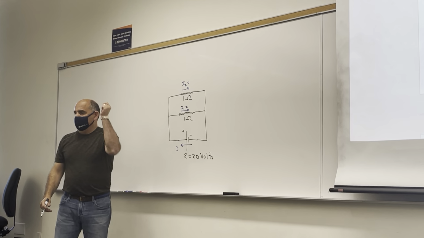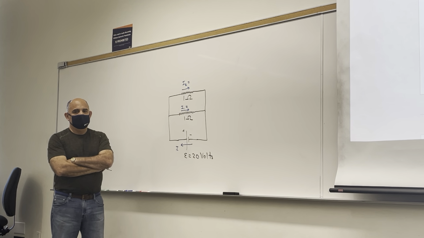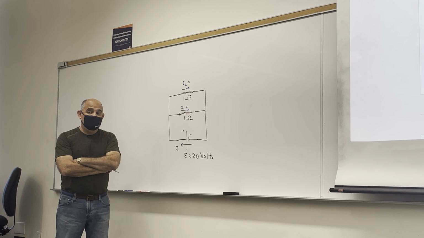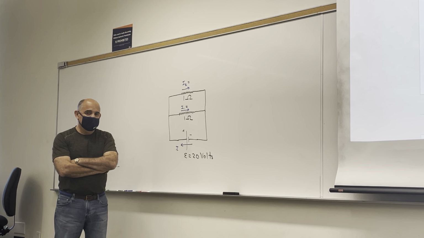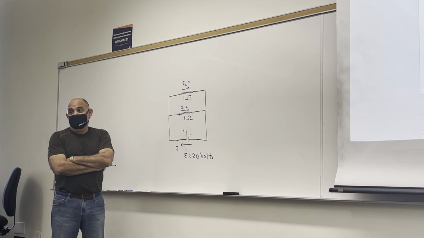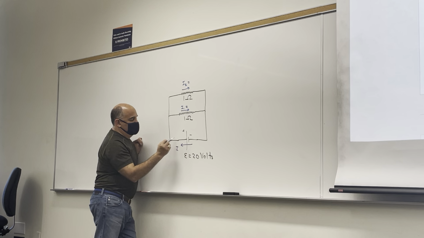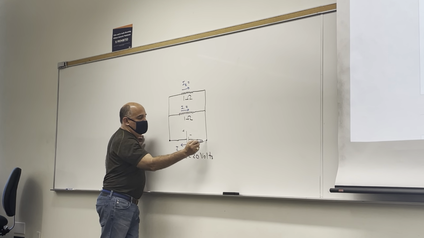So, quick, how do you do this? Would the voltage be equally distributed across each? They're in parallel, so they'll have the same voltage. And it has to be, because the voltage across this battery is whatever the potential is here minus the potential there.